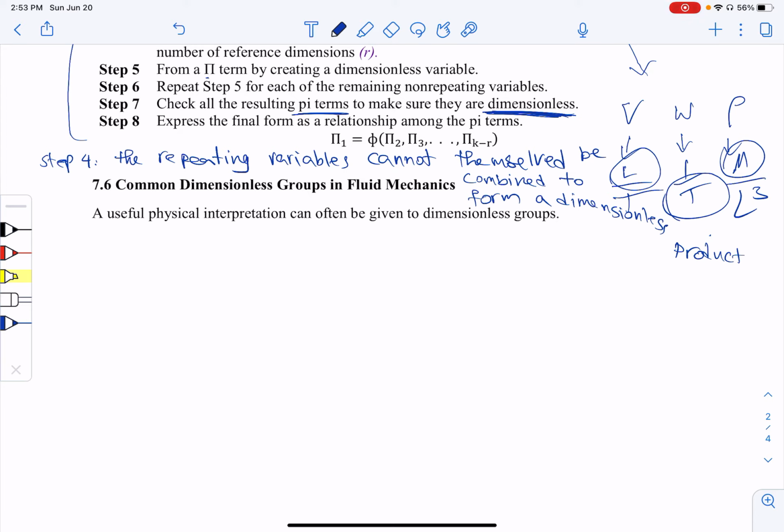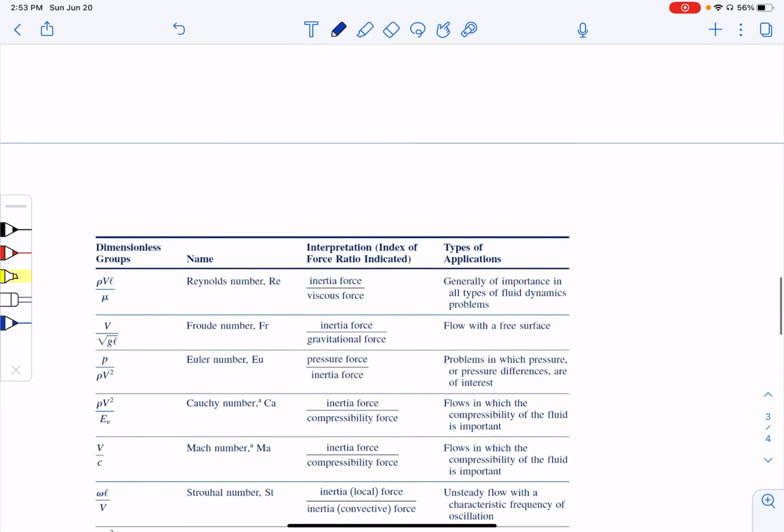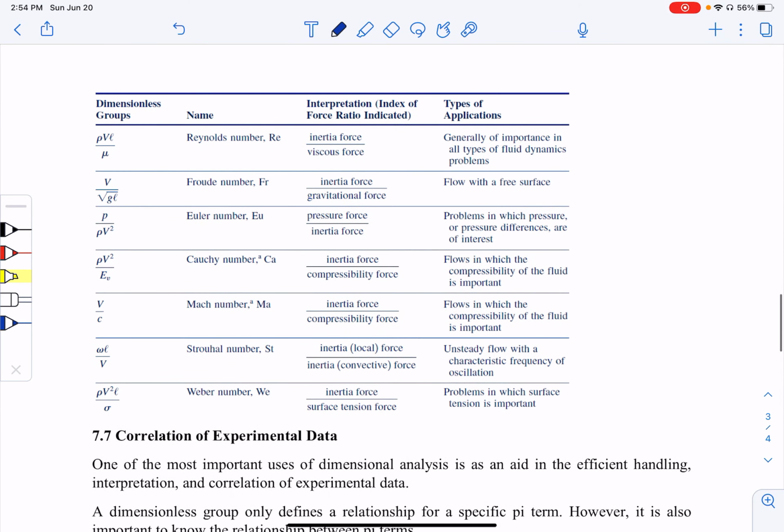And then there are some common dimensionless groups in fluid mechanics that we can use in some particular questions. We can also interpret them physically. For example, here for the Froude number, we can say that it is the ratio of the inertial force to the gravitational force, right?